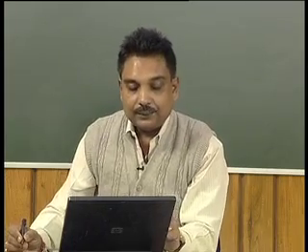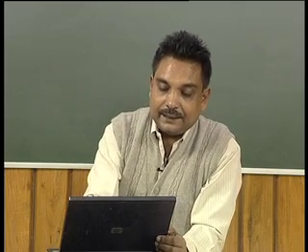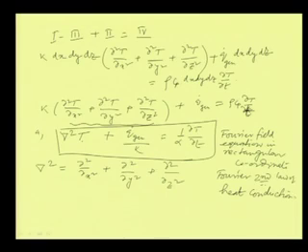The grad square T term says that the temperature distribution within the volume element varies with x, y and z. q dot gen by k is the heat generation term, and alpha is k by rho Cp.